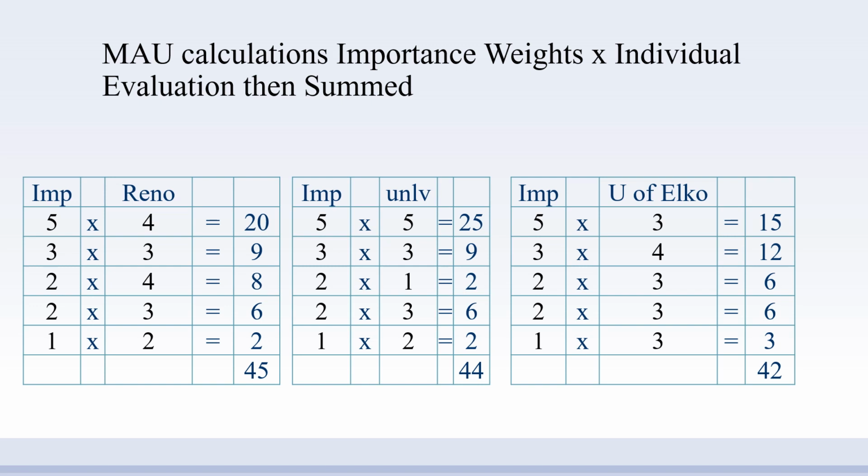But there is a second alternative, and that is to reduce the importance of that attribute. So if you score really low on an attribute compared to your competitors, you can either try to get better on that attribute, or you can try to make that attribute less important. In this case, it's only a 2 now. But if we could convince parents and students that placement was even less important than this, more like a 1, UNLV would then score higher than Reno or the University of Elko on the total score.